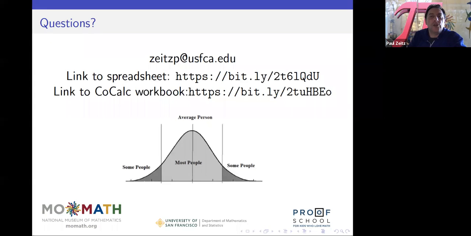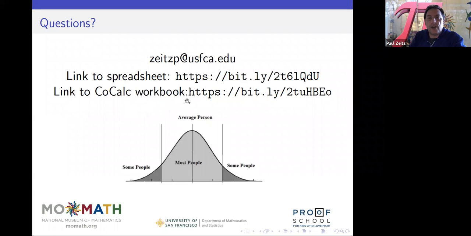But here is my email, and feel free to contact me anytime. I might not write back immediately, but I'll read what you write. And then this is the Google spreadsheet, which you can just play with. I think you only get viewing rights to it, but you can make a copy and then edit your own.